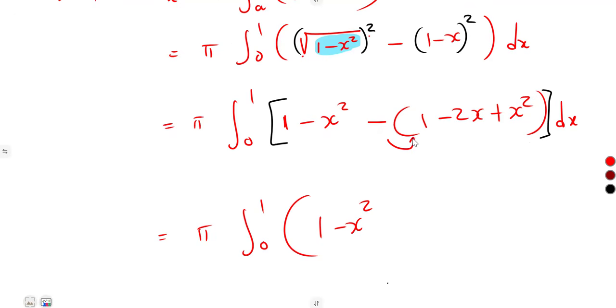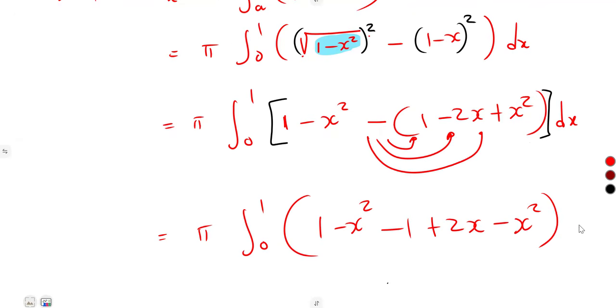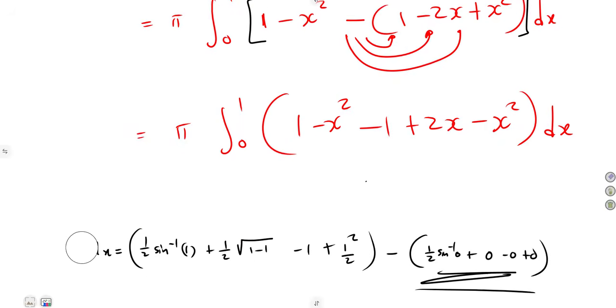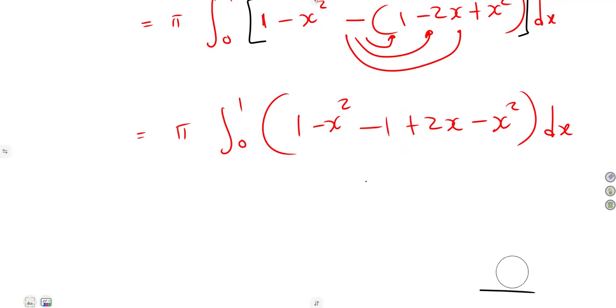Minus, and this, that's negative 1, positive 2x, negative x squared, with respect to x. So we expand the brackets first, then collect the like terms.